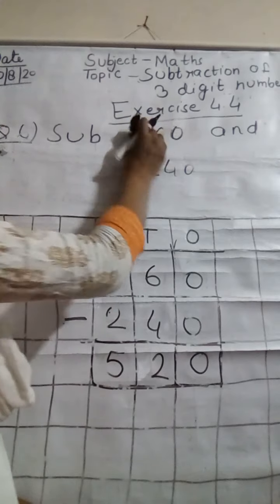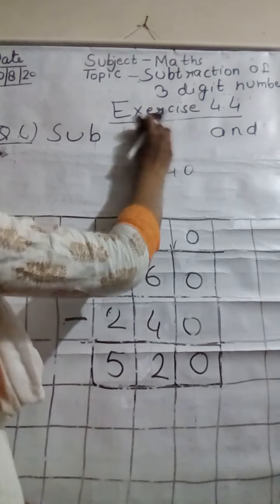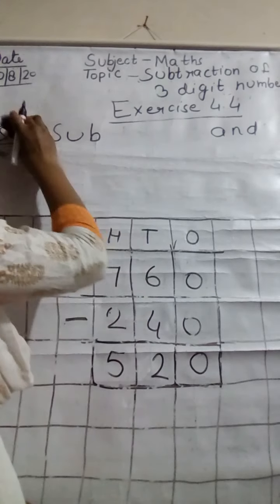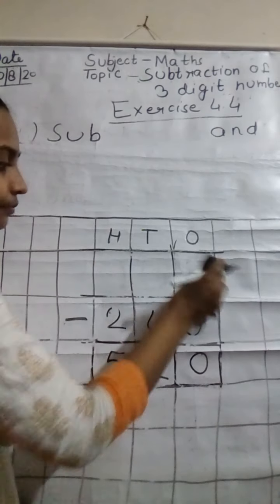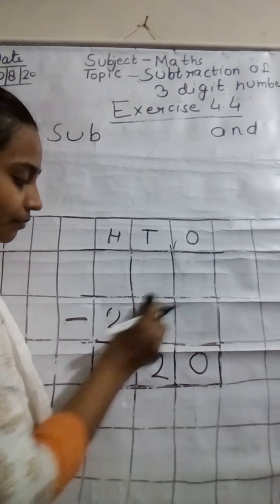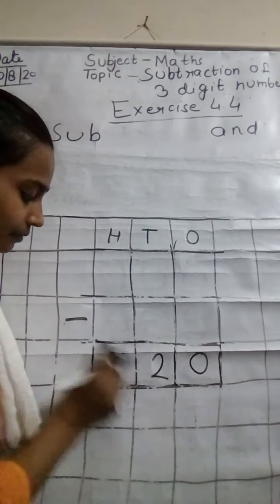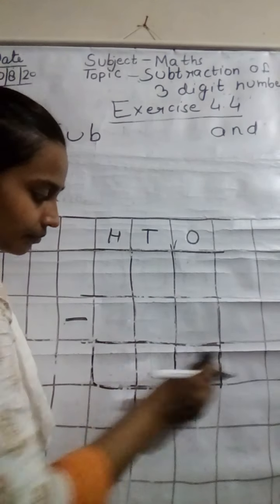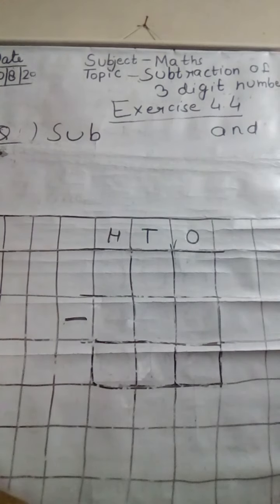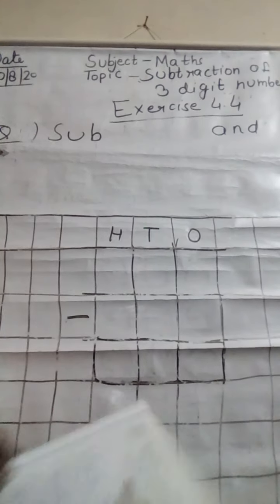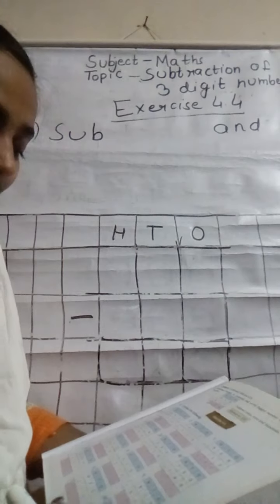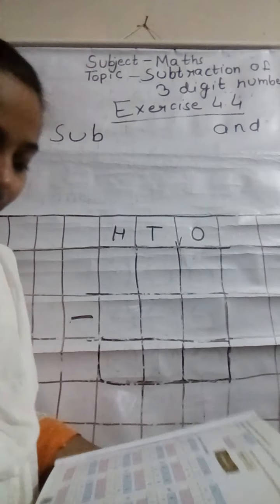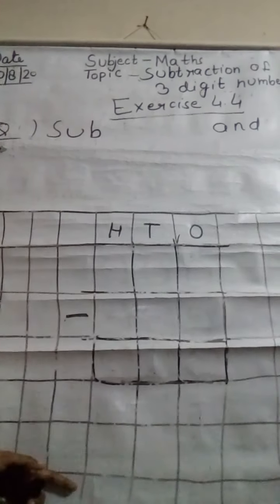So now question number 12 is 608 and 201.